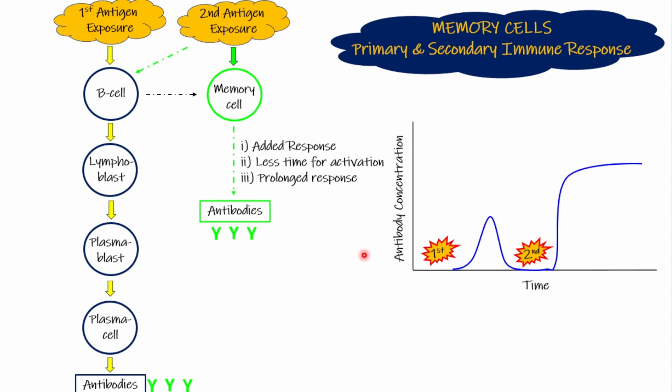This principle is applied during vaccination. As you all know, the vaccinations for most diseases are given in doses. The first dose acts like a primary response, whereas the second dose acts like a secondary response.